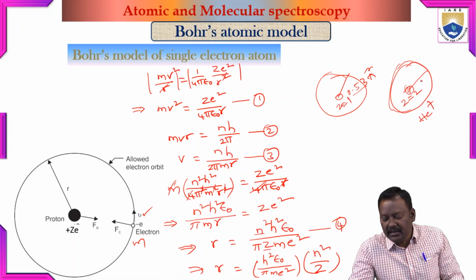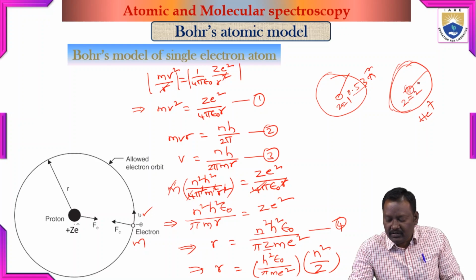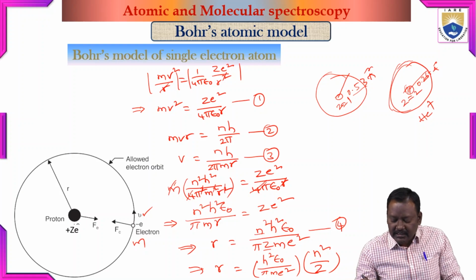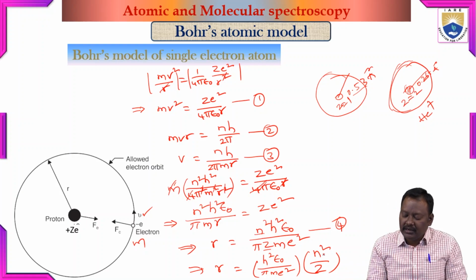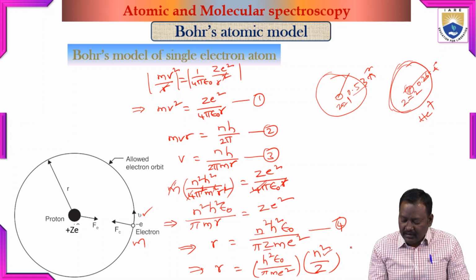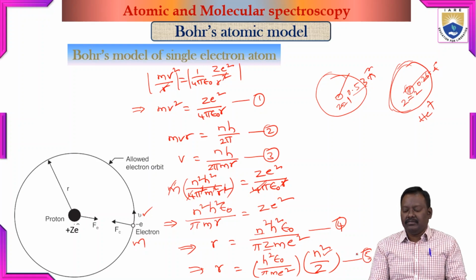It must be around 0.26 or 0.265 angstrom. So it changes with atomic number and integer n value. Let this be equation number 5.